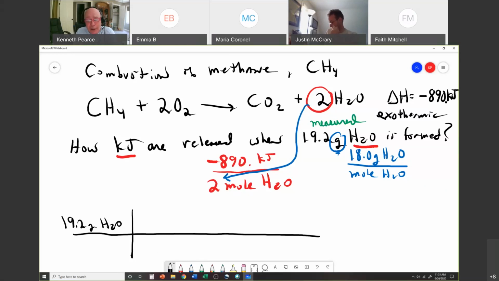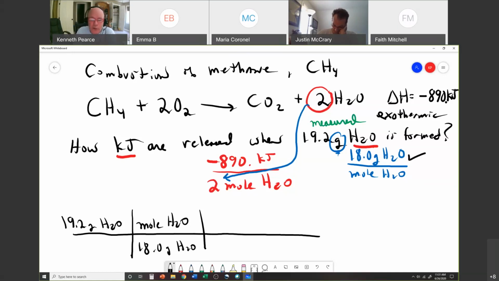If you haven't figured it out by now, there's a reason why we label everything. We label everything because we're going to have to cancel units no matter what we do. And so I have the grams water. What has grams water in it? Well, that's the molar mass of water. So we say a mole of water is 18.0 grams of water. There it is. Boom, we used it.